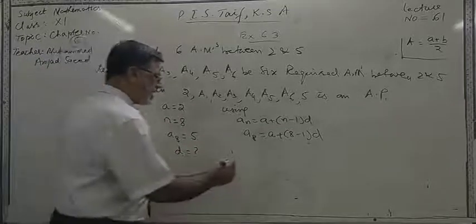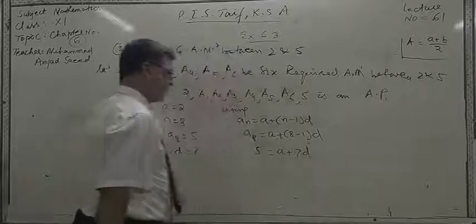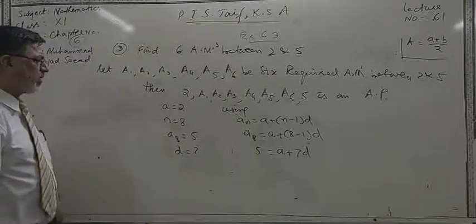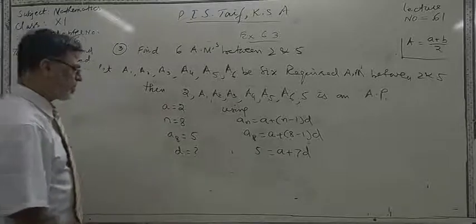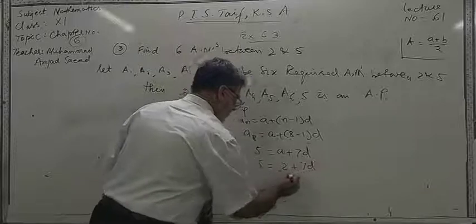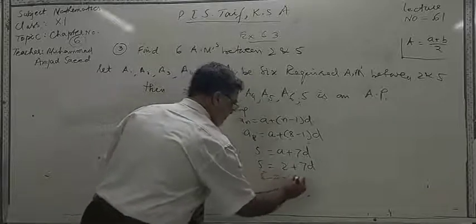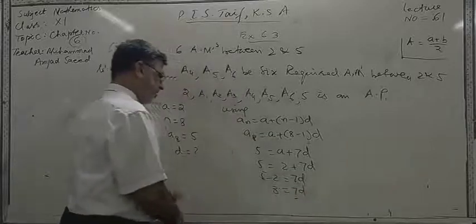So a8 is equal to 5, that is equal to a plus 7d. The value of a is 2, so 5 minus 2 is equal to 7d, and 3 is equal to 7d.